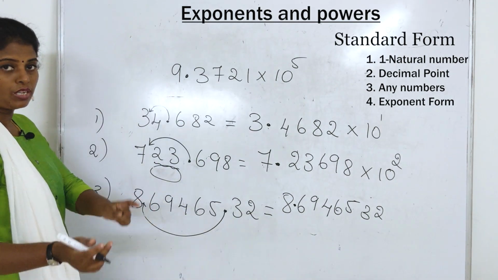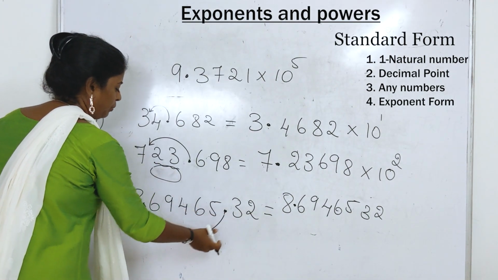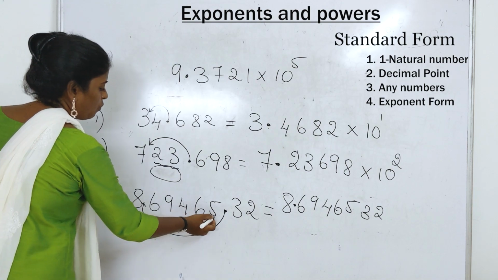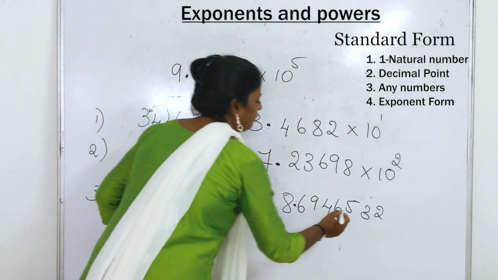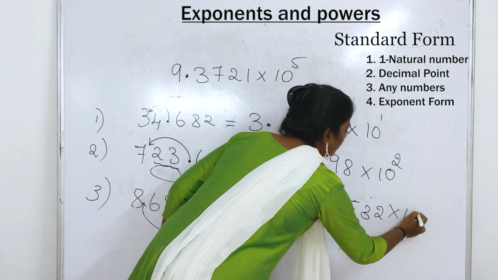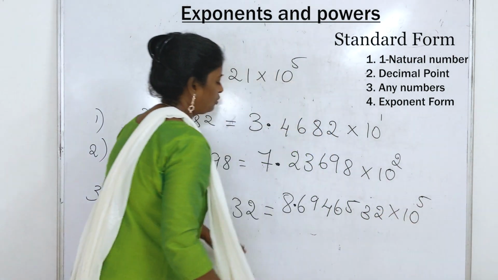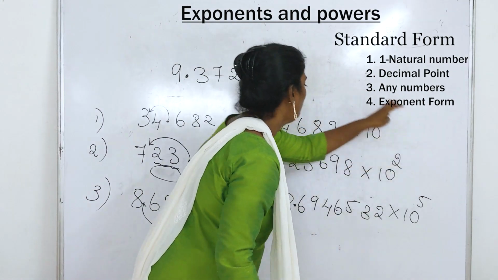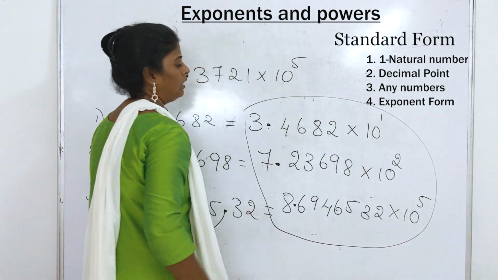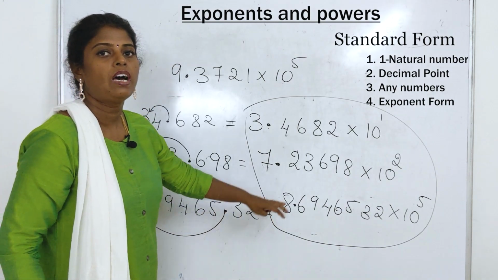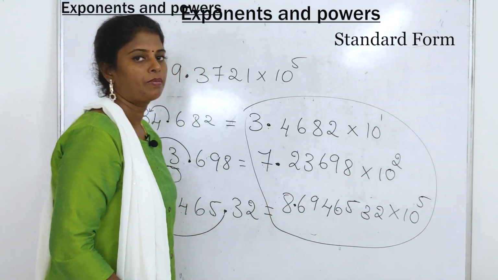So how many places are we shifting the decimal point? The number is 1, 2, 3, 4, 5. So we have to write 10 to the power 5. So all of these are in the form of standard form.